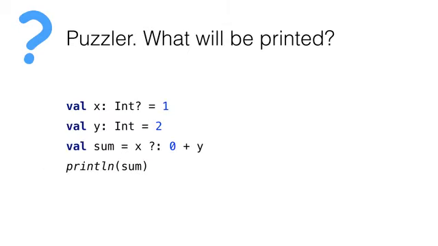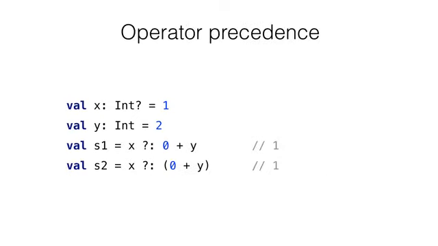Another question for you here, and this one is not trivial, because it might be confusing and is sometimes called a puzzler. The question is, what is printed here? The answer is quite unexpected. Keep this in mind. The possible options are 1, 2, or 3. The answer is 1 here, and that's because of operator precedence.